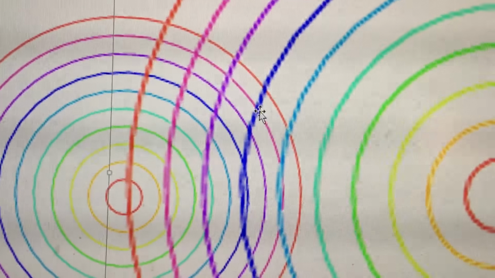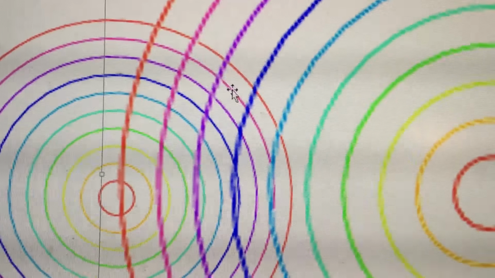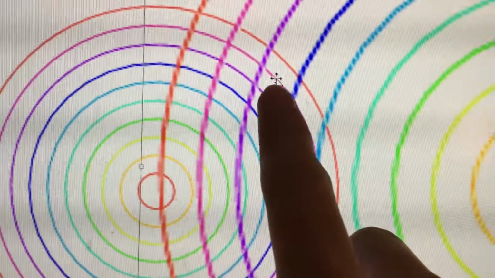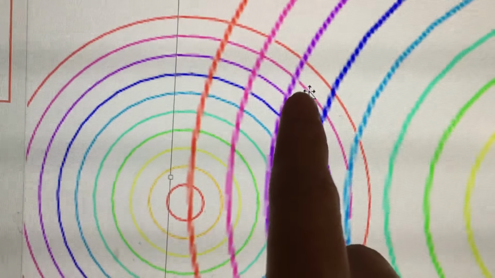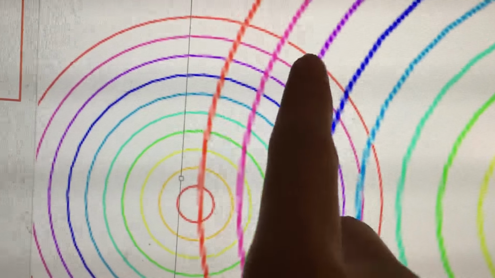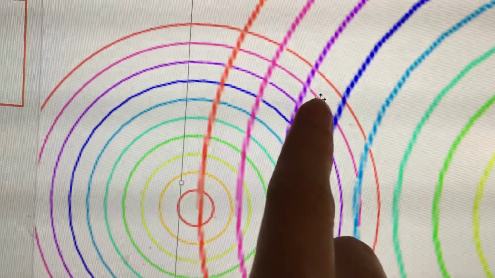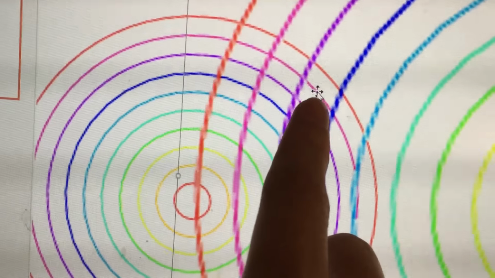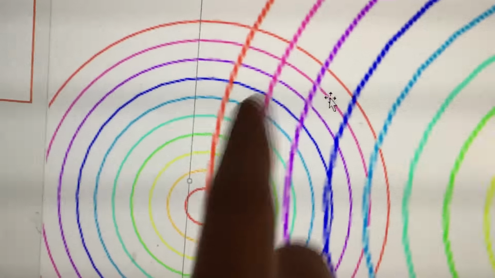So here you still have constructive interference, while at this point here you have a peak meeting a trough, because for this shorter wavelength this is a peak, right? For the longer wavelength, this one is between these two, so this is the trough of the longer wavelength. So this must be destructive interference. So again, this is constructive, this is constructive, this is destructive.